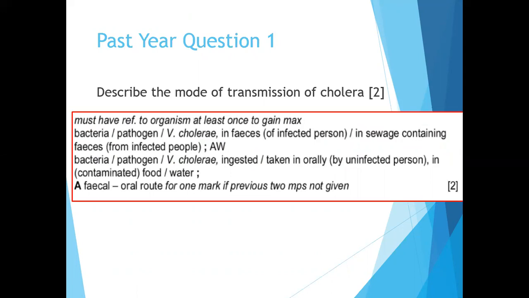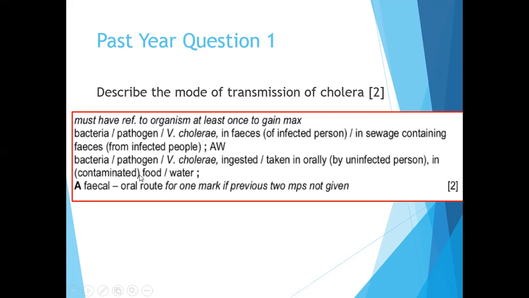So mode of transmission of cholera: the bacteria pathogen Vibrio cholerae is found in the feces of an infected person or in the sewage containing the feces from an infected person. Then this bacteria is ingested, or taken orally, by an uninfected person in food or water that is contaminated.